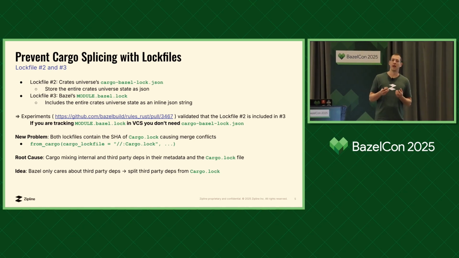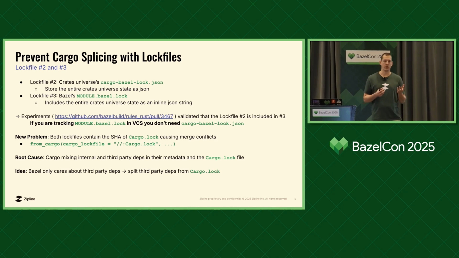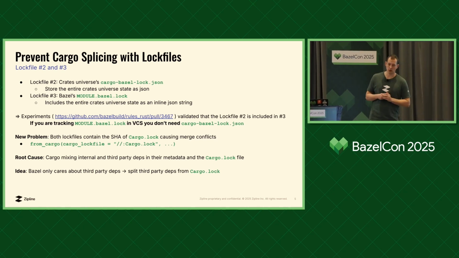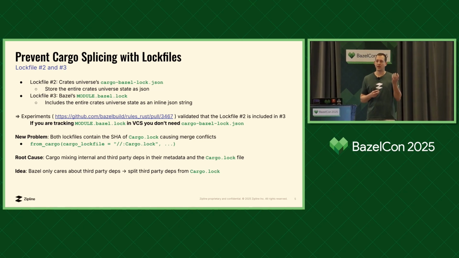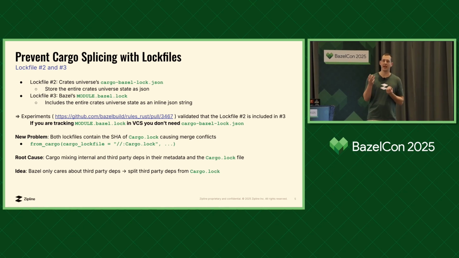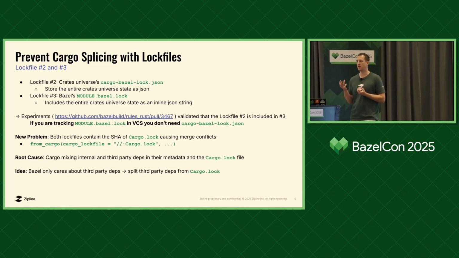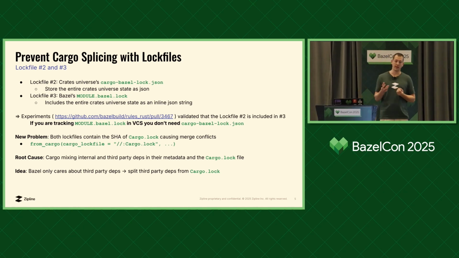So we thought we need to make sure that this file does not change that often, to reduce the merge conflicts. The frequently changing part is all the internal dependencies. So can we just get rid of the internal dependencies and only keep the third-party dependencies in the cargo.lock file? Because that's the only thing rules Rust actually needs.